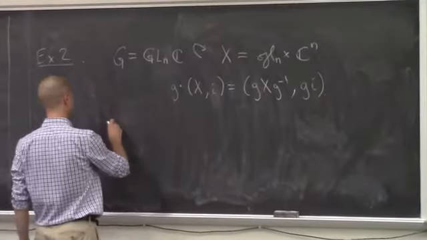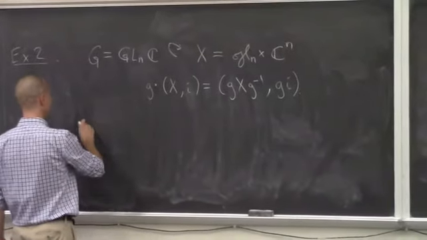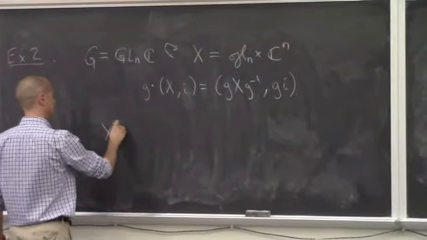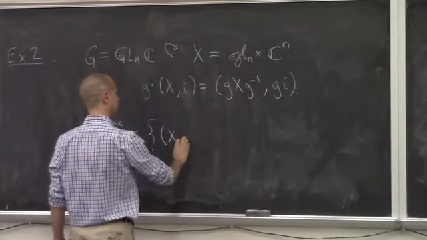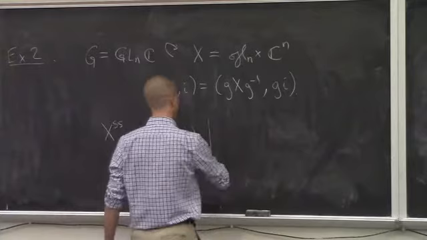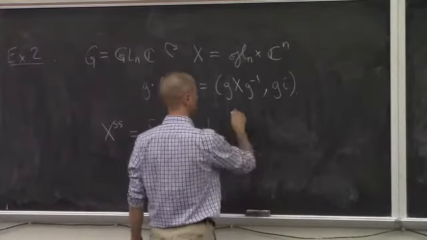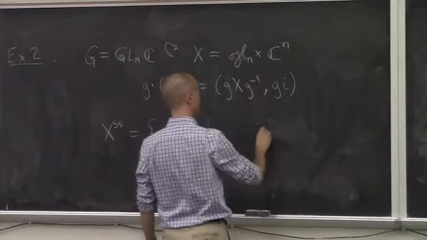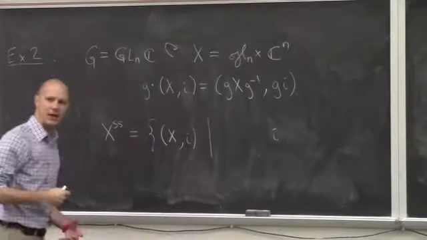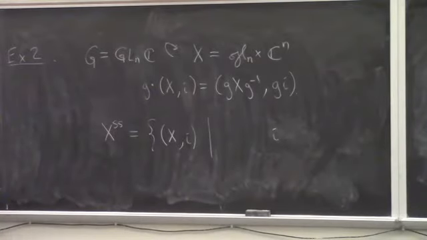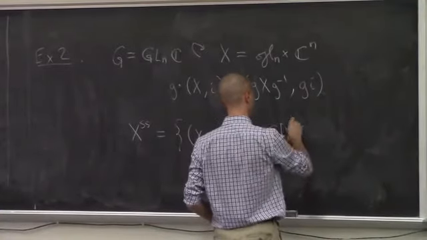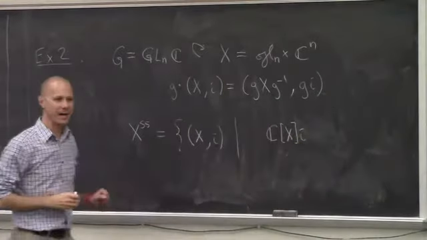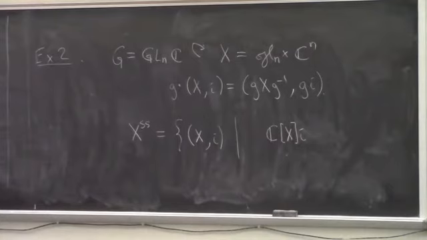But here, a reasonable choice gives me this semi-stable open set. It consists of pairs with the following property. So I is an n-dimensional vector. I can take arbitrary polynomial expressions in the n by n matrix X, multiply those by I, and each of those outputs is another n-dimensional vector.